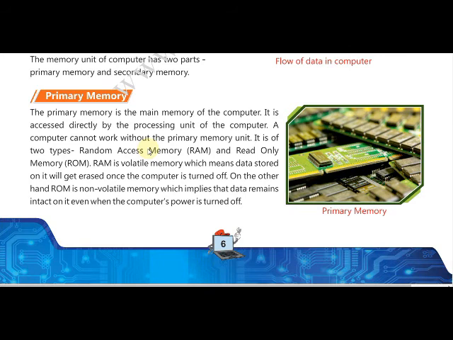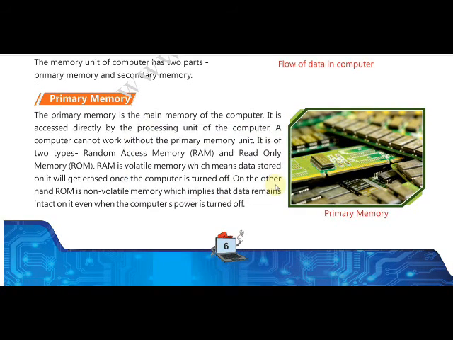Important instructions are given in ROM, and those instructions are called when you start, when you boot your system. So there are two types of primary memories: first RAM, which stands for random access memory, and second ROM, which stands for read only memory.